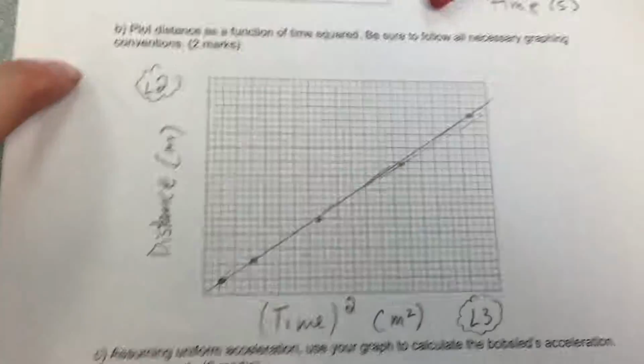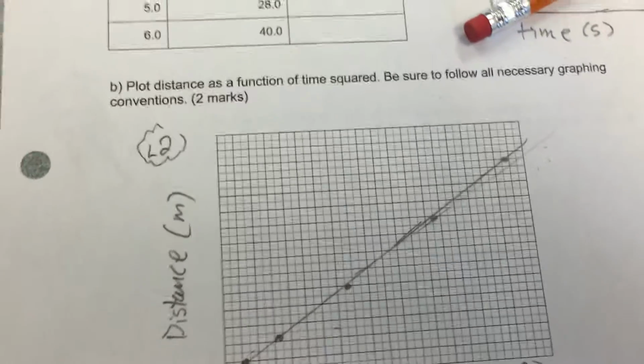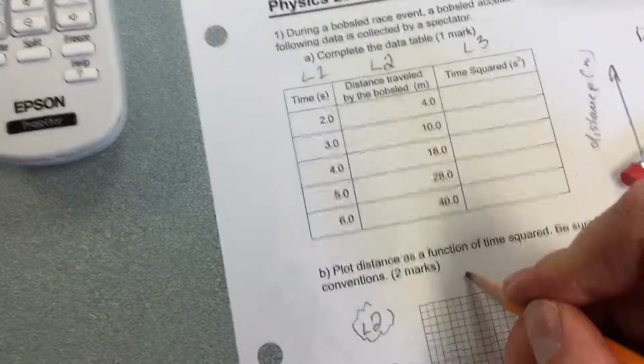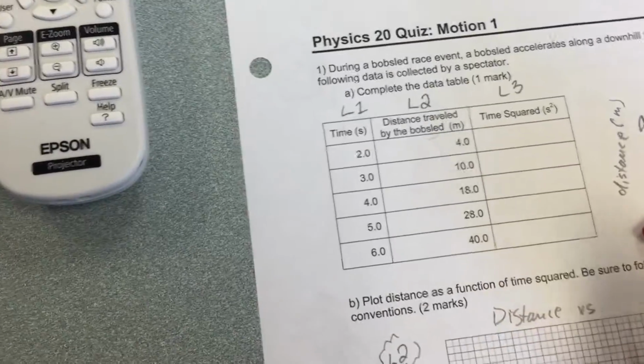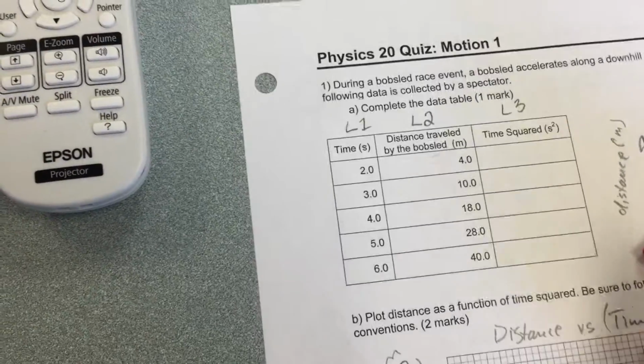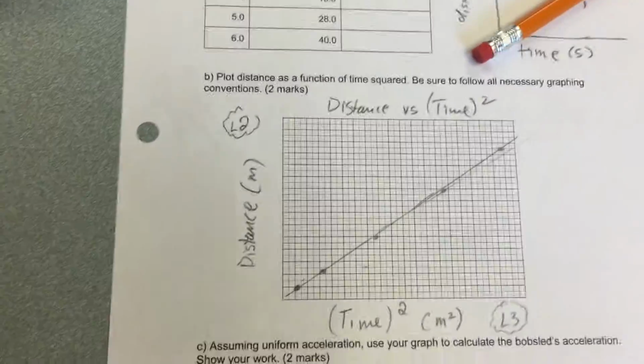Hang tight. Not the best line I've ever done, but not bad. So just sketching my line of best fit. Distance as a function of time squared, or versus time squared is fine as a title.